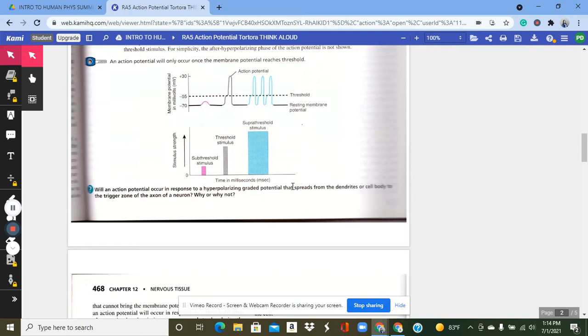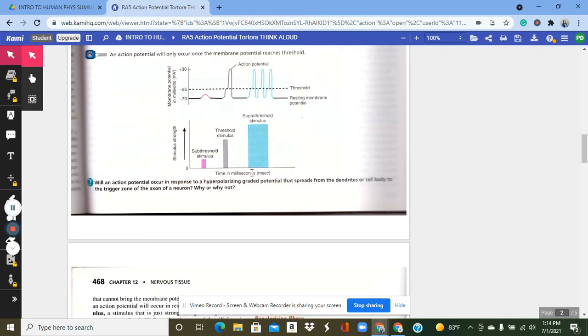I don't think it will occur because, as mentioned, the hyperpolarizing graded potential causes the membrane potential to become more negative on the inside. So it will be farther away from the threshold, which is negative 55 millivolts. So yeah, I don't think an action potential will occur.